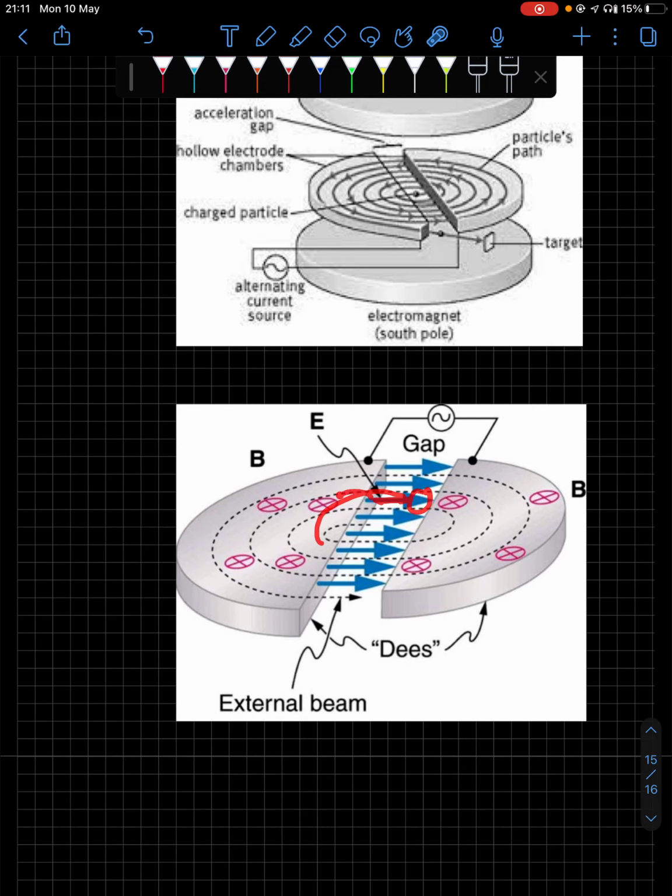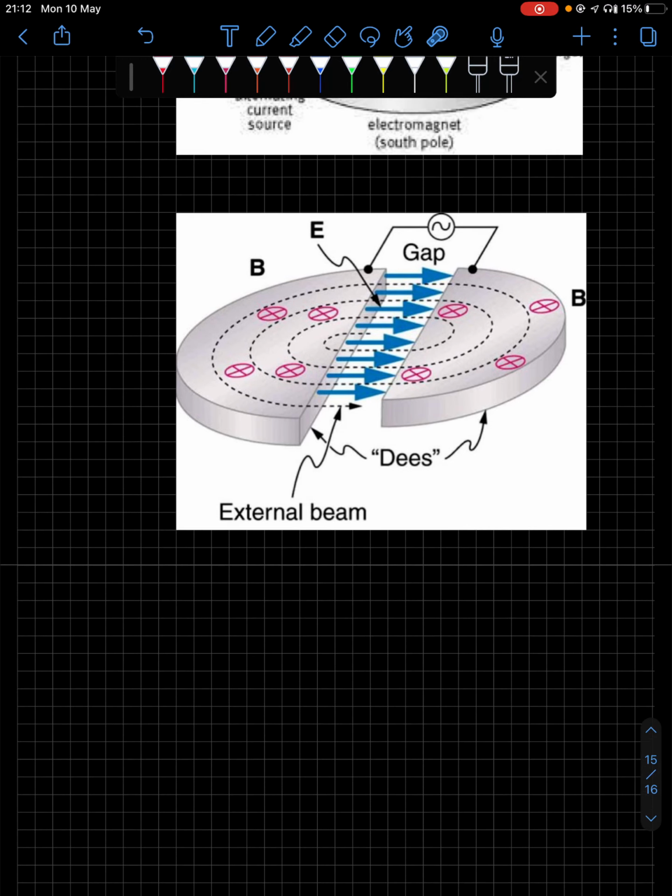Again, when it completes this semicircle and just leaves D number 2, this will become positive and this will become negative. Again, it will accelerate. So after a series of accelerations, when it keeps on revolving here and finally comes out through the window, it has tremendous kinetic energy and tremendous speed.